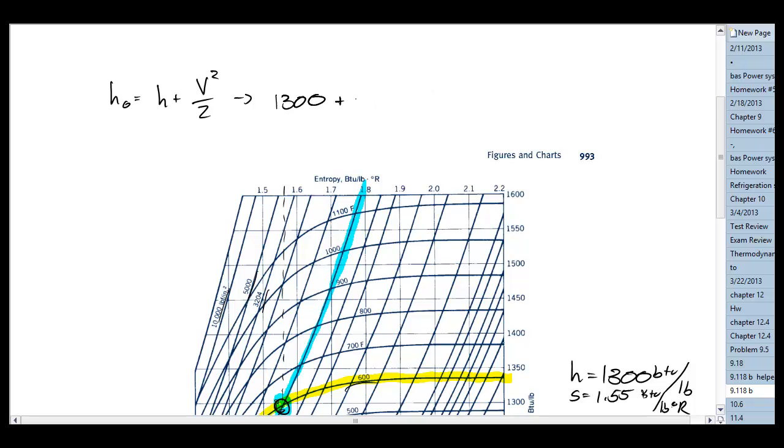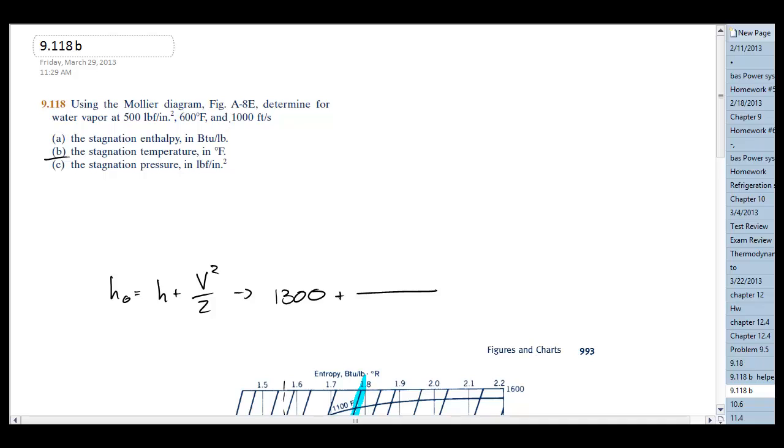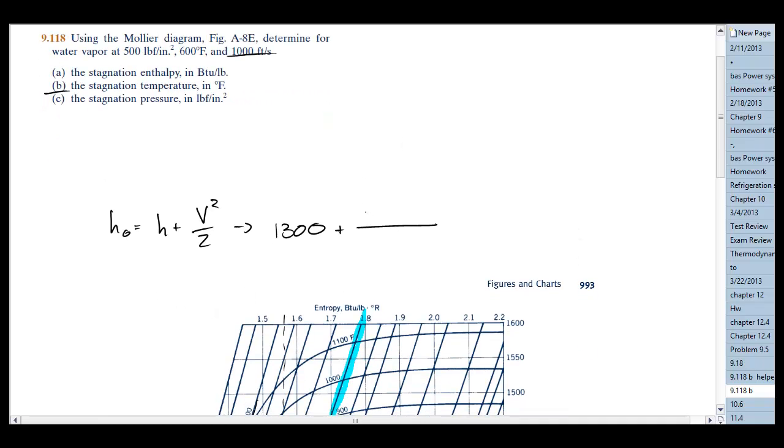I'm going to keep the units out of here for the sake of cleanliness, so pay attention. We were given 1,000 feet per second up here. So 1,000 squared over 2, as per the equation. But because it's in English units, we have to get gravity out of the way, so 32.2 for English.